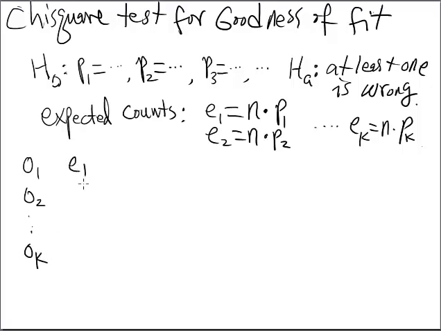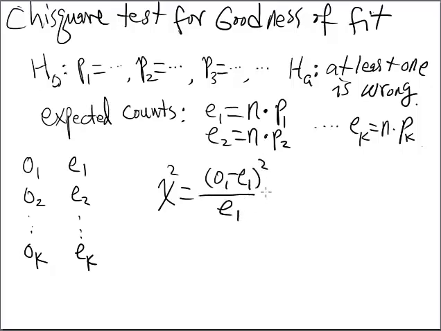You have E1, E2, Ek, right? Then the chi-square would be O1 minus E1 squared over E1 plus, keep doing the same thing, up to Ok minus Ek squared over Ek, alright? You only have one chi-square, which is the sum of all the k terms.